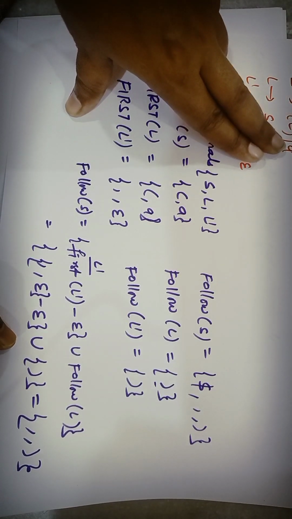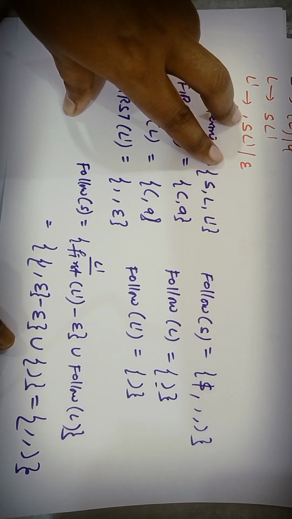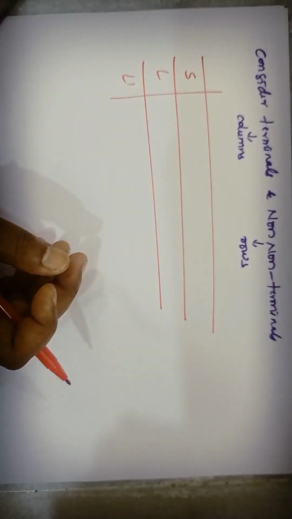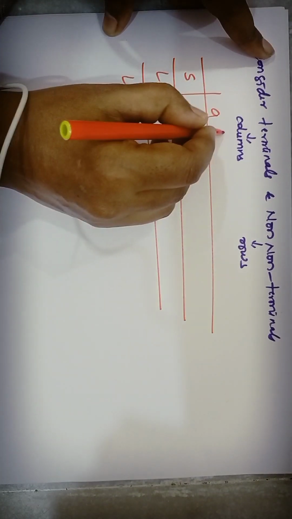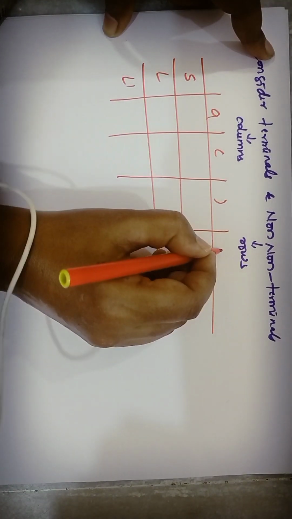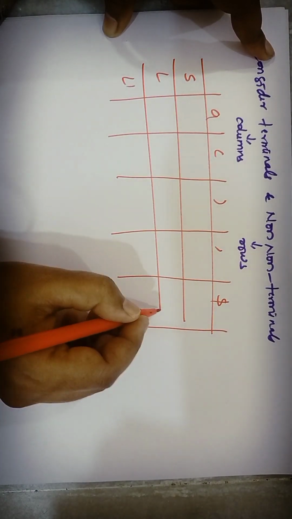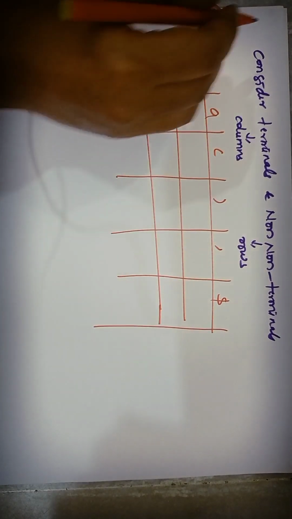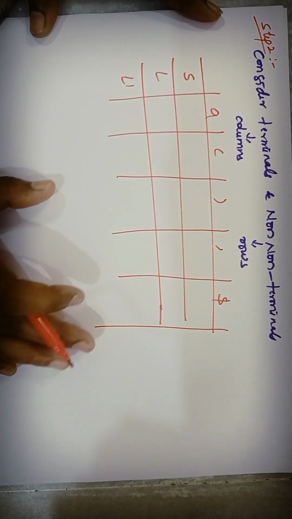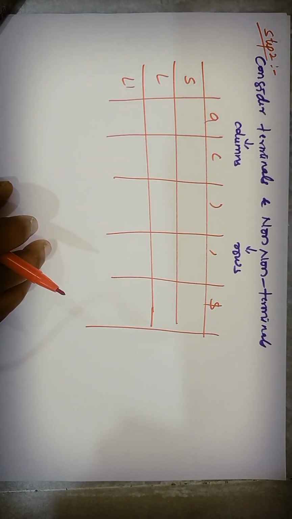Here we have A, open brace, close brace and comma, and we have to consider the dollar also. And this is step 2, we have to fill the table. This is the parsing table, and we have to fill it with the help of the first and follow methods.